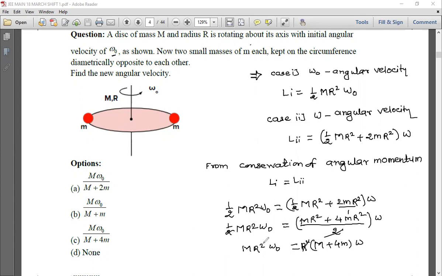We want omega, so omega is equal to capital M omega naught divided by M plus 4m.